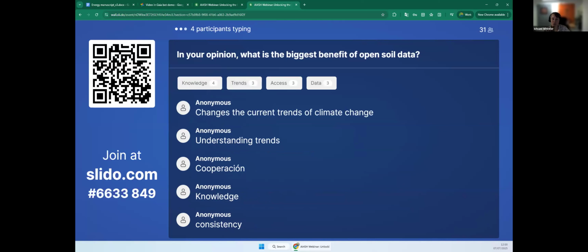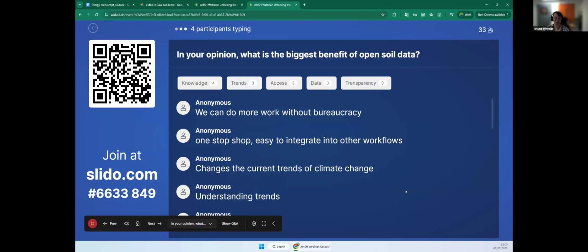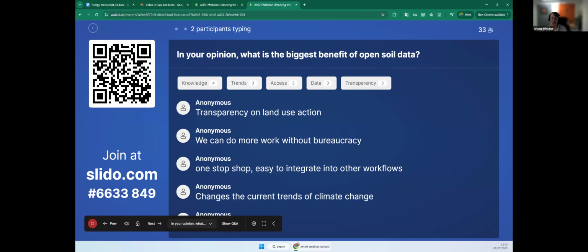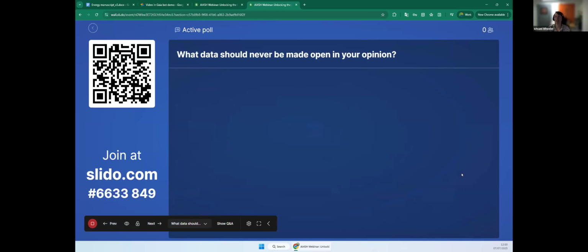All right, 4 people left. Quick, if you can get it in. I want to switch to the next one because we've only got 10 minutes on this one. Ooh, transparency. One of my favorites. Okay, all right, good. Forgive me, I'm going to the next one.